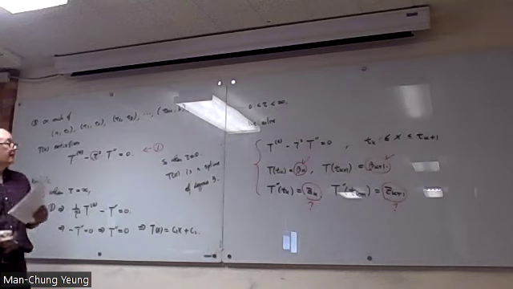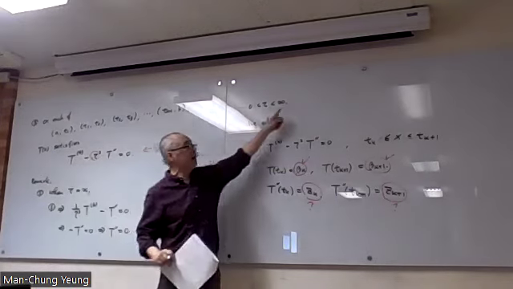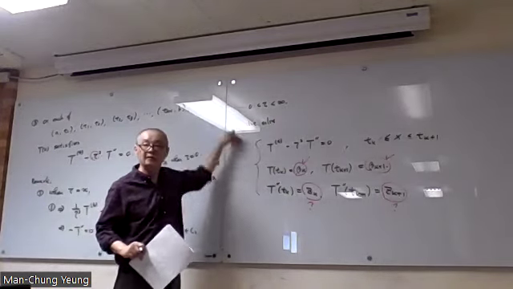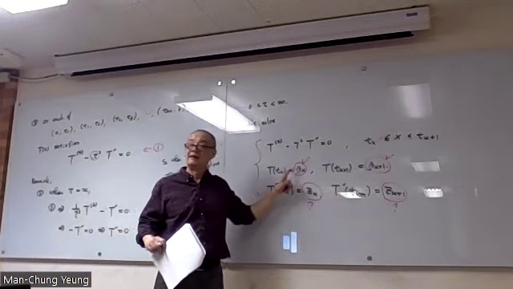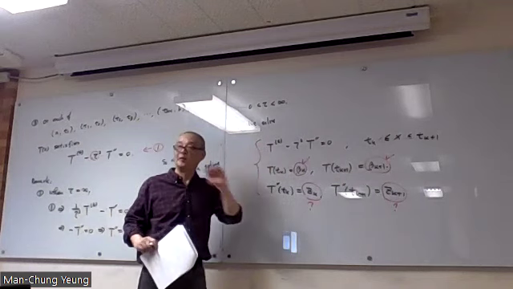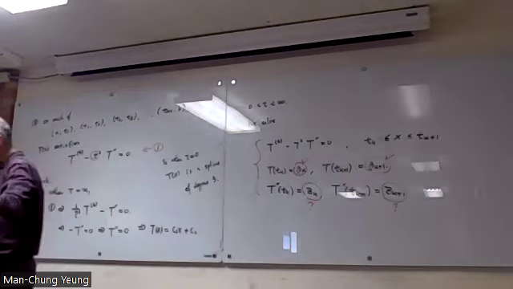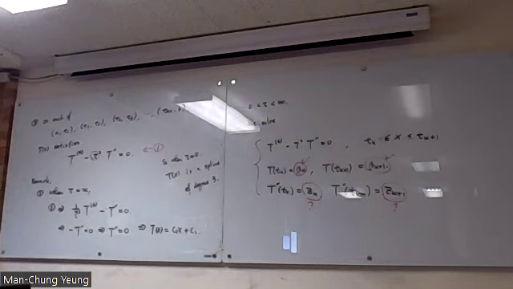So between 0 and infinity, we need to solve this. This is a boundary value problem, not an initial value problem. An initial value problem has the time at 0 as the initial condition.